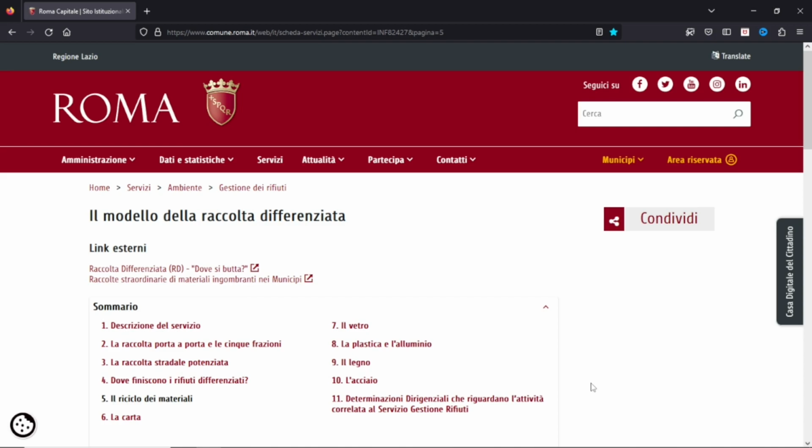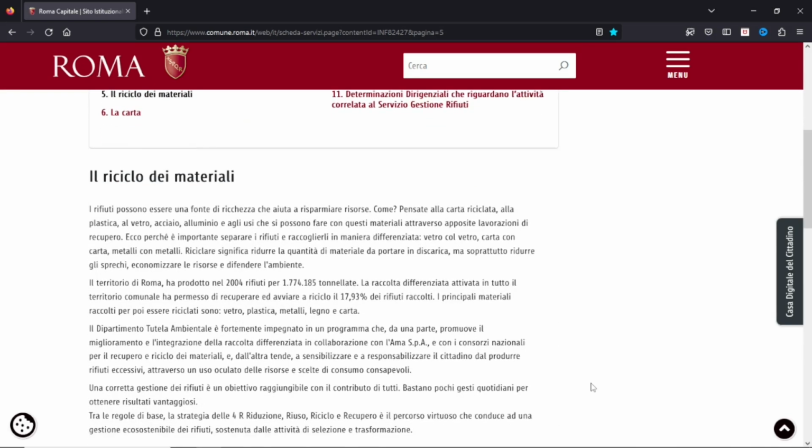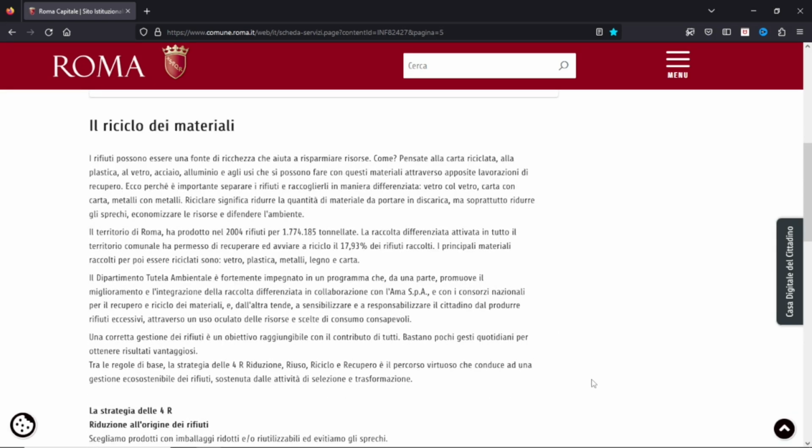So the title here, the model of collection and differentiated, just is going to be kind of split out, so separating out your recycling. You can see that I'm on the page Il riciclo dei materiali, so the recycling of material or materials.